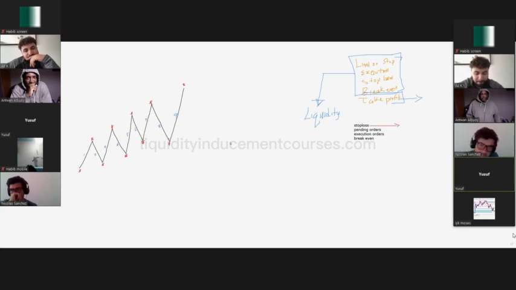Now we know that liquidity is always sitting on every high and every low in the market. We just need to start putting a proper structure to it for better understanding. So we have that.